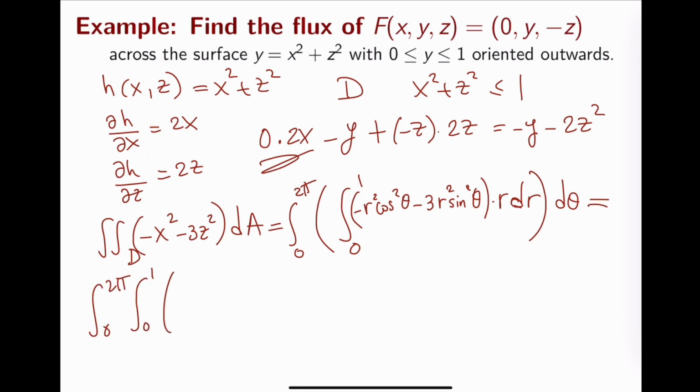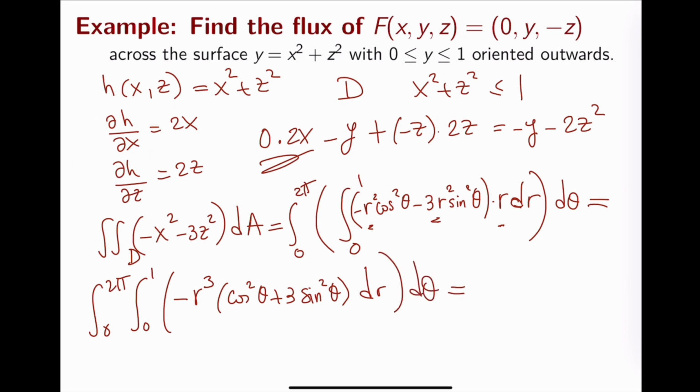Let's simplify inside of the integral first. So this will be minus r cubed. So taking minus r squared in here and multiplying by this r, we get a minus r cubed that is common. And then multiplied by cosine squared plus 3 sine squared. And so this is the r, and so this theta.